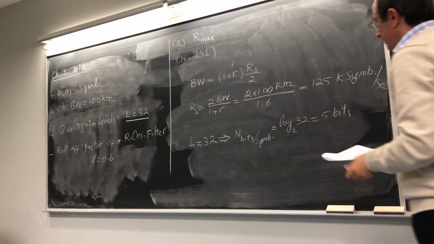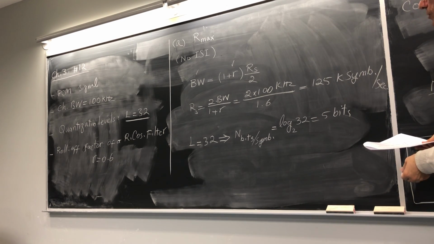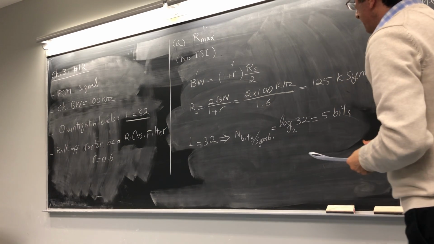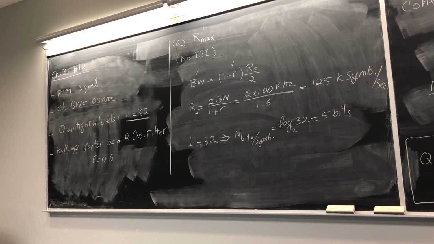Okay, so for each one of the symbols, now we have to consider 5 bits.